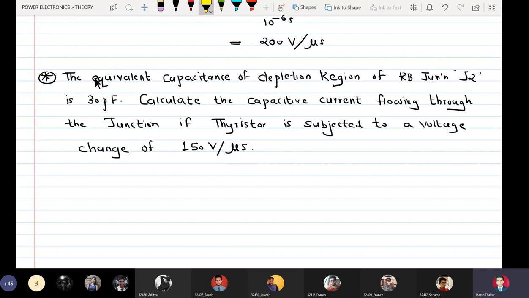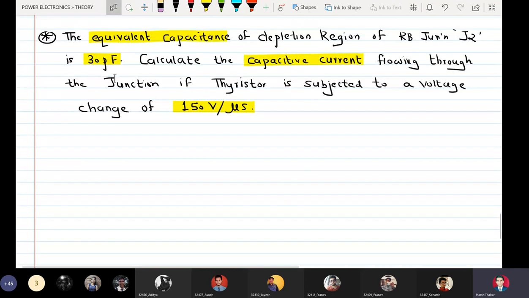Okay, so the equivalent capacitance of depletion region of RB junction J2 is 30 picofarad. Calculate the capacitive current flowing through the junction if thyristor is subjected to a voltage change of 150 volt per microsecond.